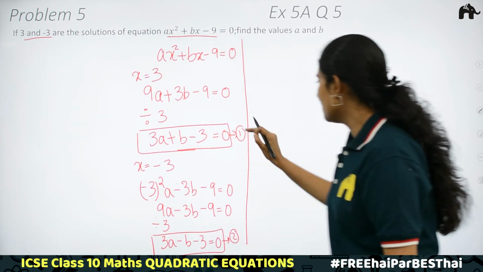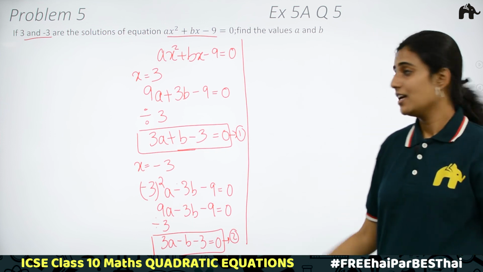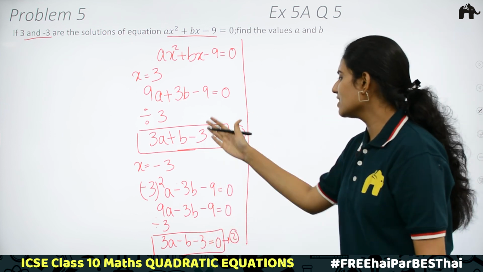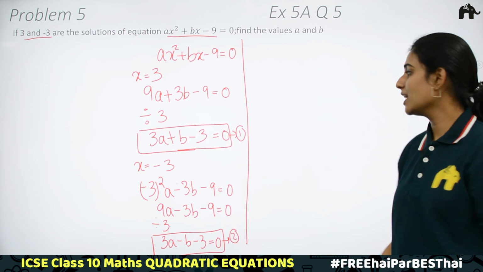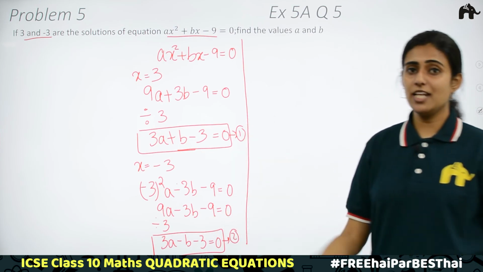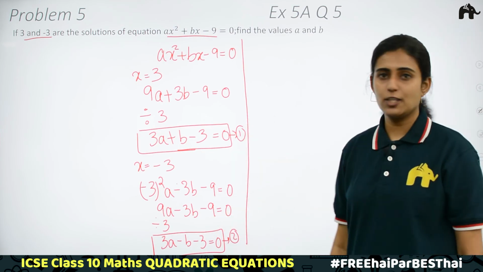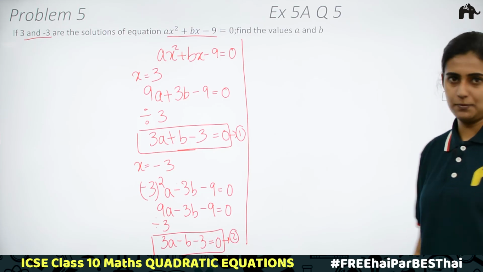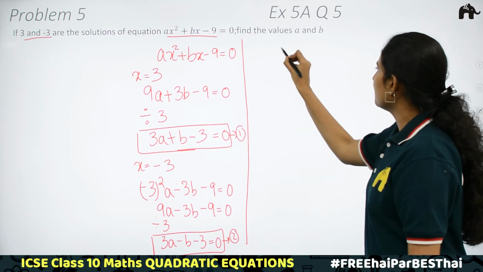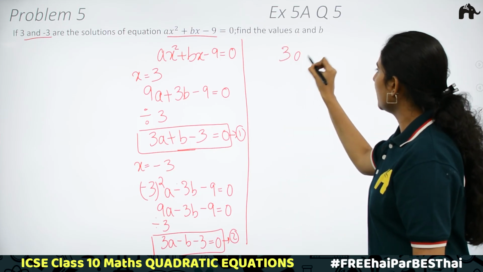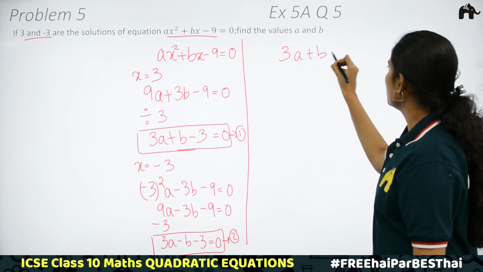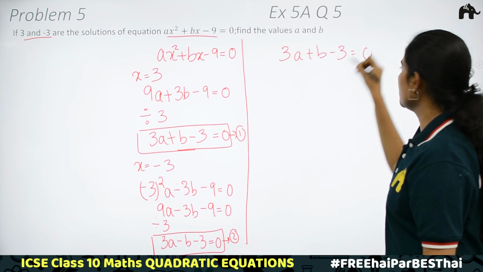Now look at 1 and 2. When you compare 1 and 2, you have similar terms. So let's use the elimination method to find the value of a and b. The first expression, 3a plus b minus 3 is equal to 0.